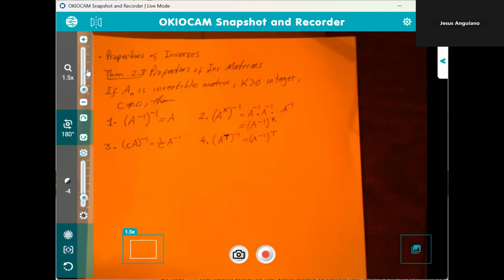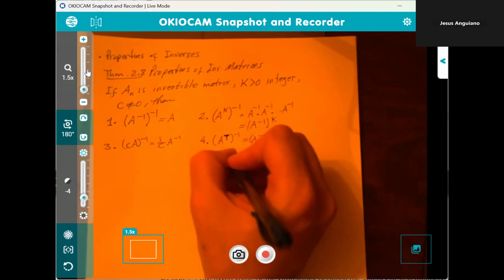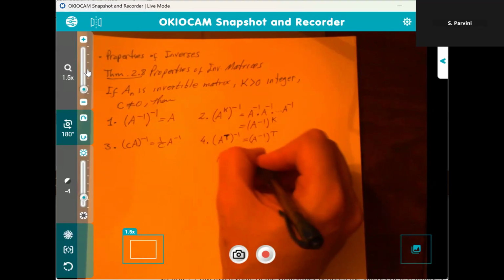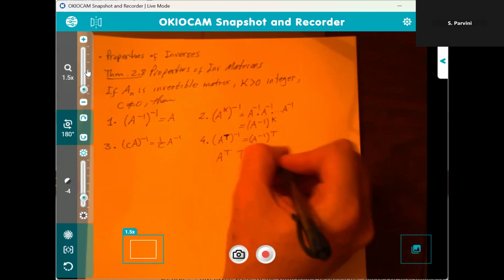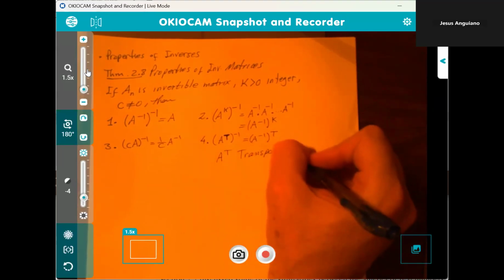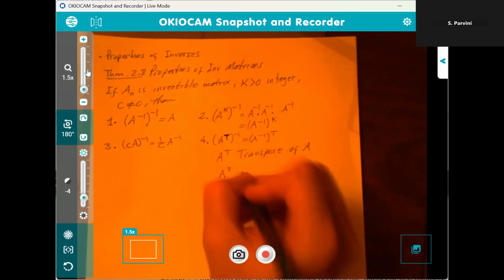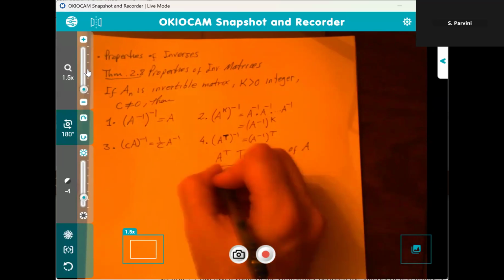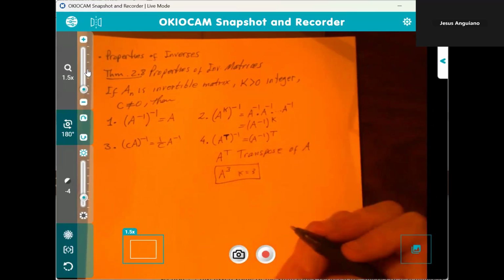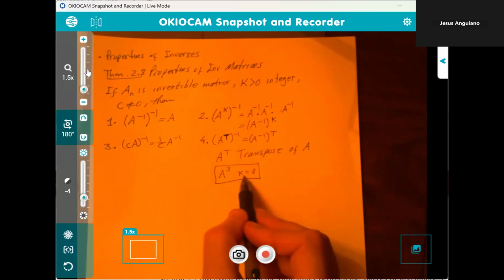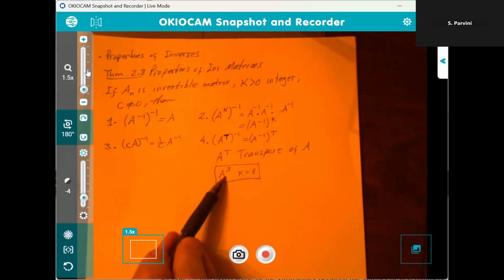Transpose, yeah. A^T is the transpose. And k is just a constant? Right. For example, A cubed. Here k is 3. Oh, yeah. Never mind. I see. I heard wrong.